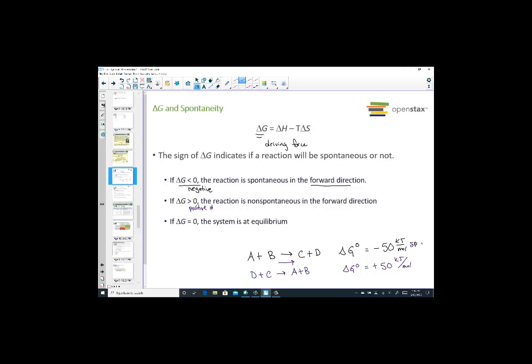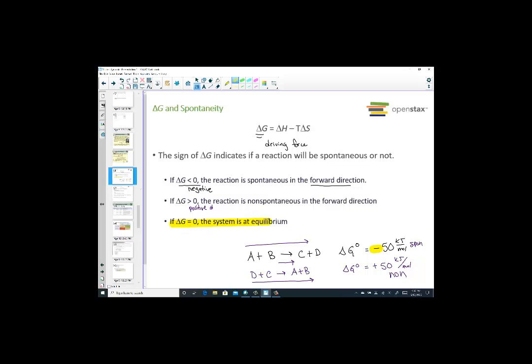So, of course, this would be spontaneous in the forward direction. This would be non-spontaneous if I read it with D plus C going back to A plus B. Negative values show us spontaneity. The negative sign on a delta G says that reaction is spontaneous in the direction as written.